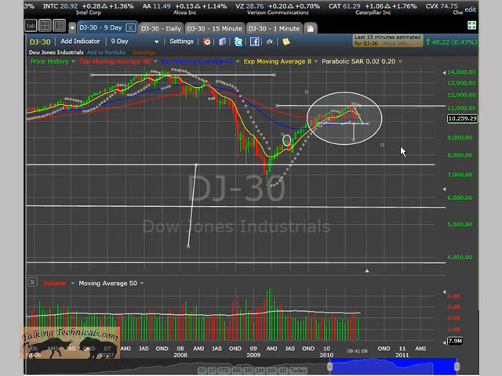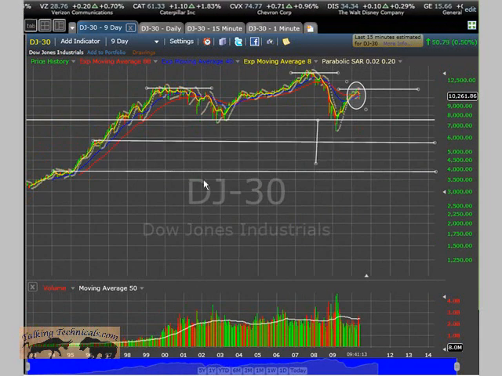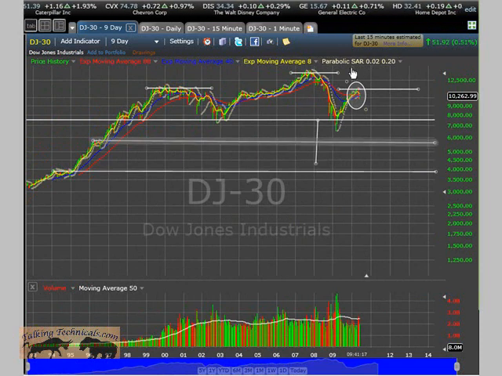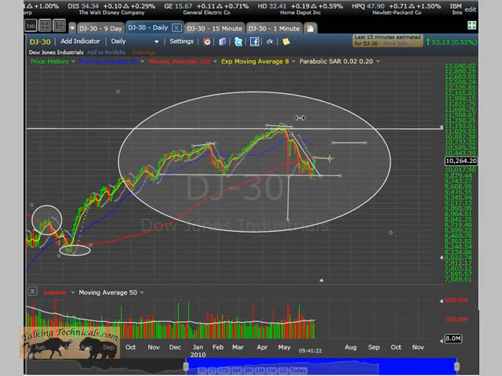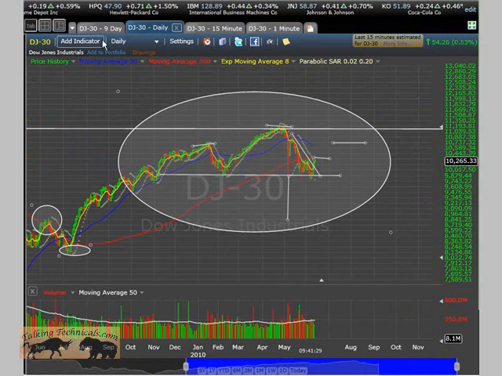But this is what pretty much every technician in the market is watching. This is the bigger head and shoulders, and we're watching these other intermediate term head and shoulders on the Dow, the Nasdaq, and the S&P 500.